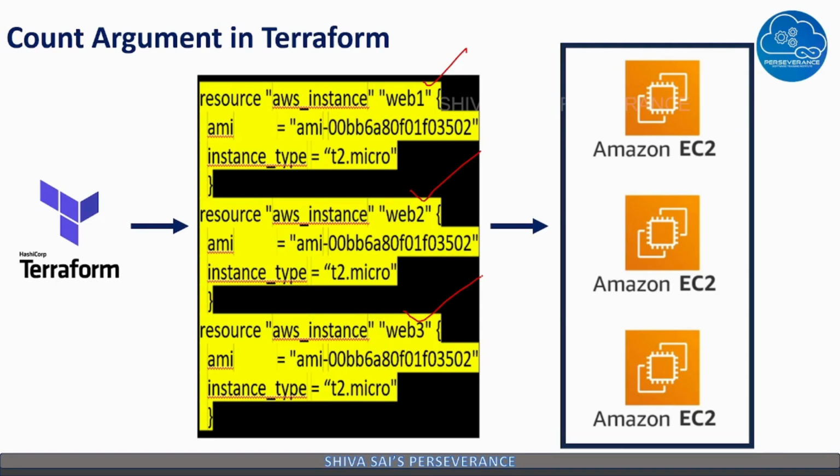If it is 10, the resource blocks will increase to 10 with identifier names web1 to web10. These are not the names of the instances on the cloud. This is the local identifier for Terraform. So this is the way without the count argument.